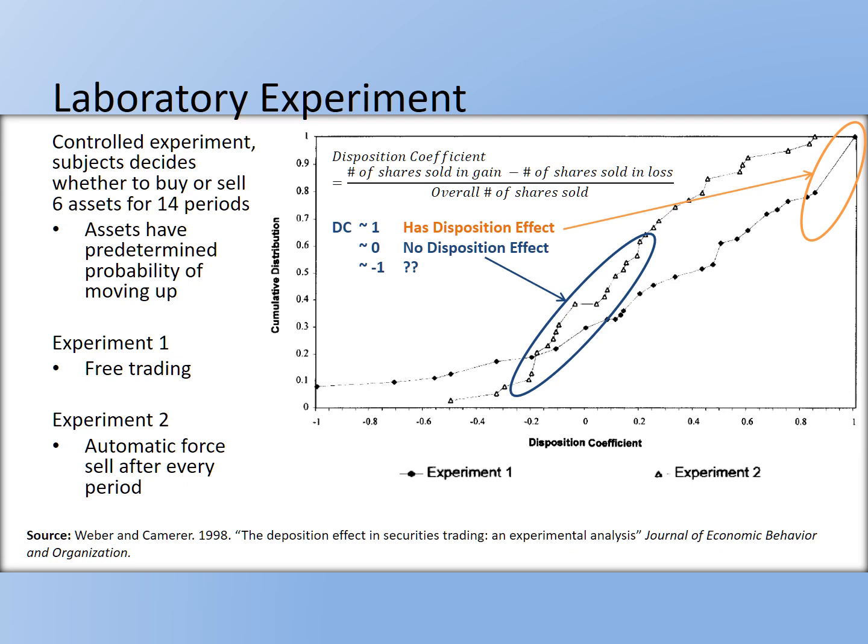Right. So since the only thing that differs between the two experiments is whether people are forced to sell, and they are allowed to buy back the stocks for free, that is evidence that it's the moment of purchase and the moment of transaction that is the key here, right?